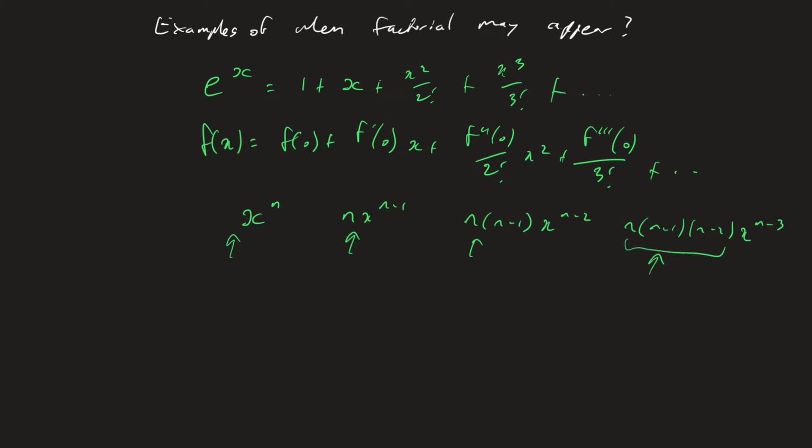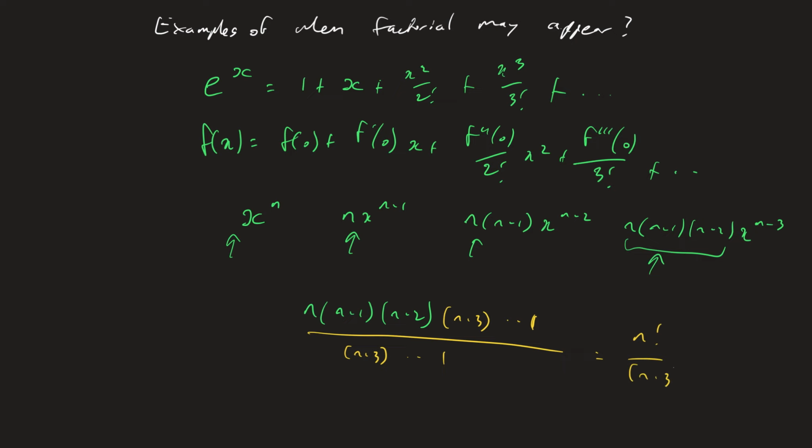Well, let's take this third one, n times n minus 1 times n minus 2. If I want to write that using factorial, the trick is that I simply need to add the remaining terms to the numerator, and the same terms I now add to the denominator to cancel out, and I see that that would be n factorial divided by n minus 3 factorial.